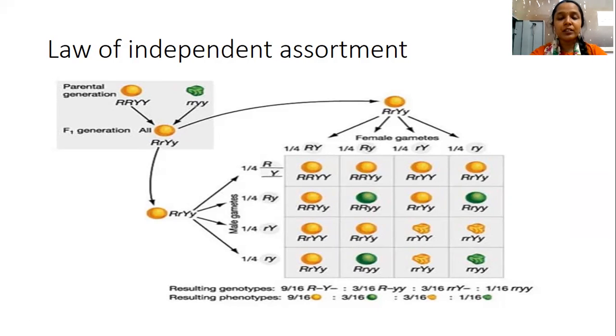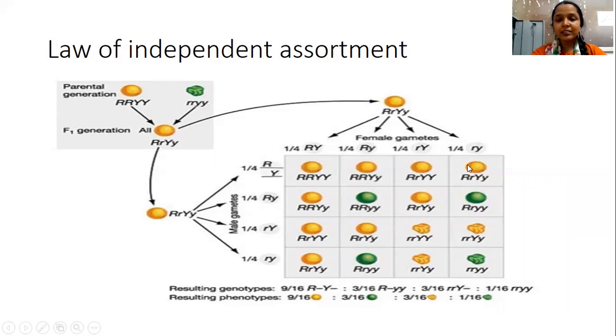So irrespective of the influence of dominant and recessive factors, you will get combinations of all these: round and yellow, both dominant; round and green, one dominant, one recessive; wrinkled and yellow, one dominant, one recessive; wrinkled and green, both recessive.